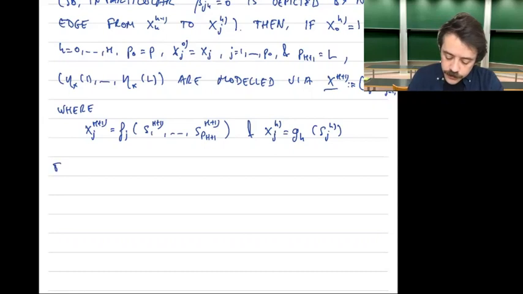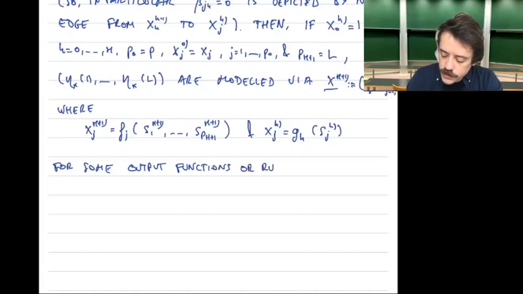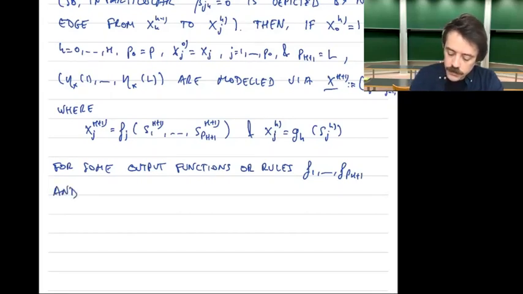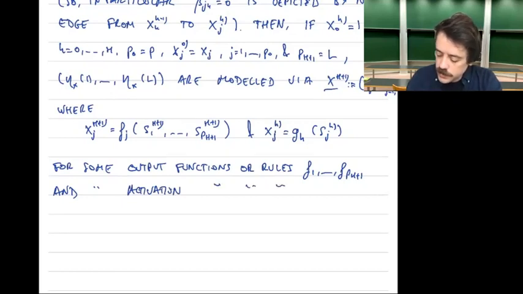So let me call them output functions or rules, f1 to f_{p_{H+1}}, and some activation functions or rules, g1 to g capital H.